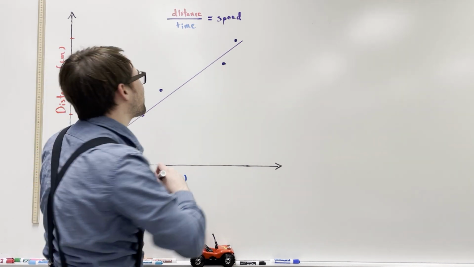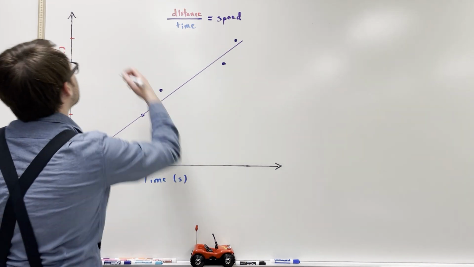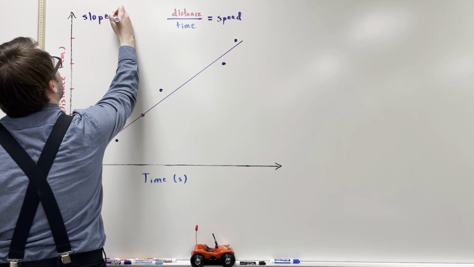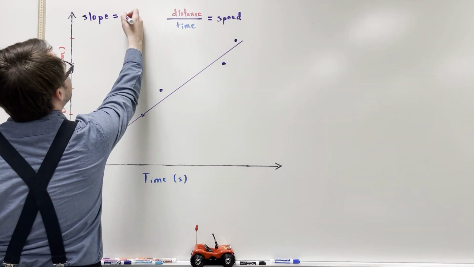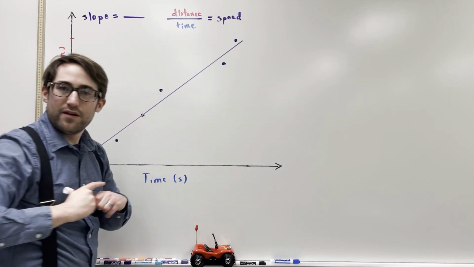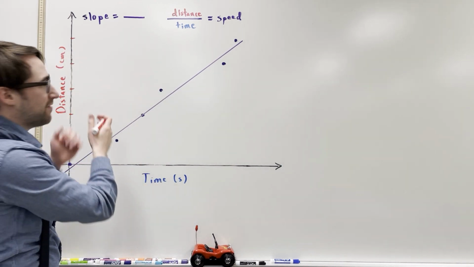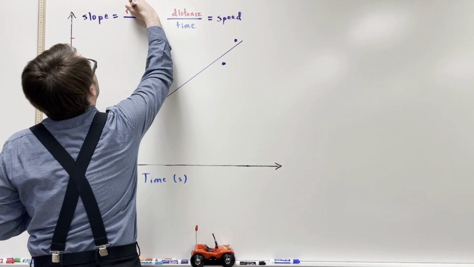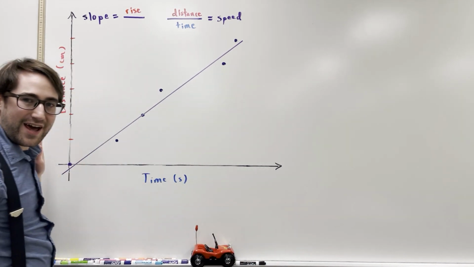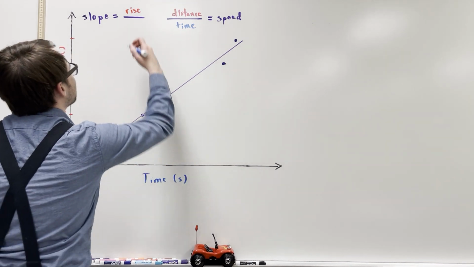these data points. The slope of a line is equal to the rise of the graph divided by the run of this graph.